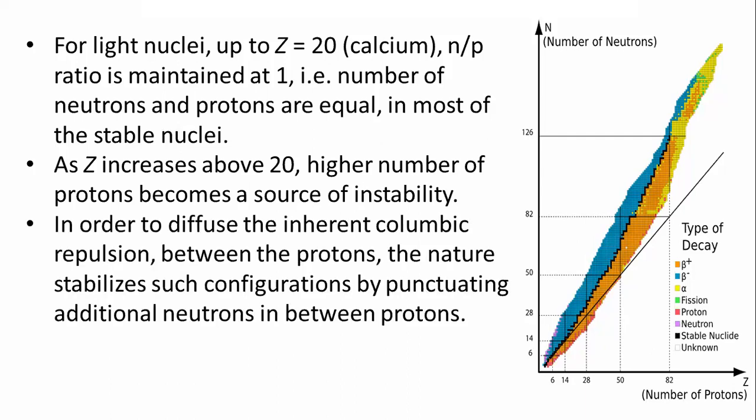In order to diffuse this Coulombic repulsion, after 20, as the number of protons increases, there is another way to decrease the repulsion between the protons. If you incorporate another particle, you can diffuse some of the Coulombic repulsion, and these particles are the neutrons.